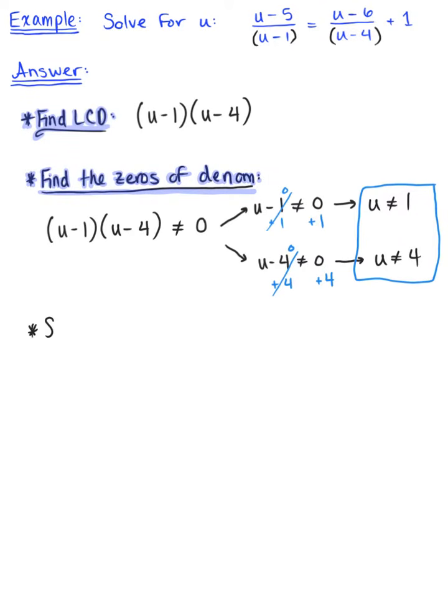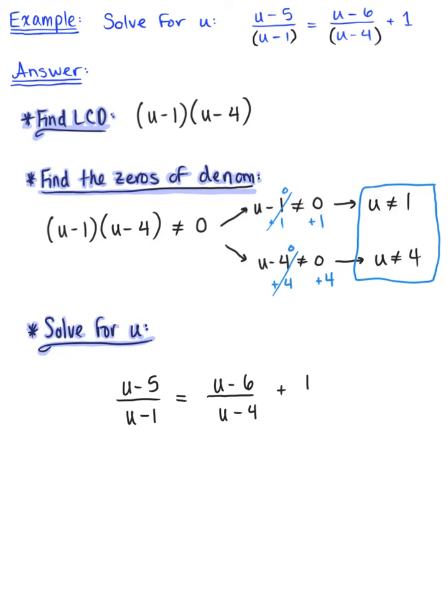So here we go. We're ready now officially to start solving for u. We are going to take our original rational equation. We have u minus 5 divided by u minus 1, and this is equal to u minus 6 divided by u minus 4 plus 1.